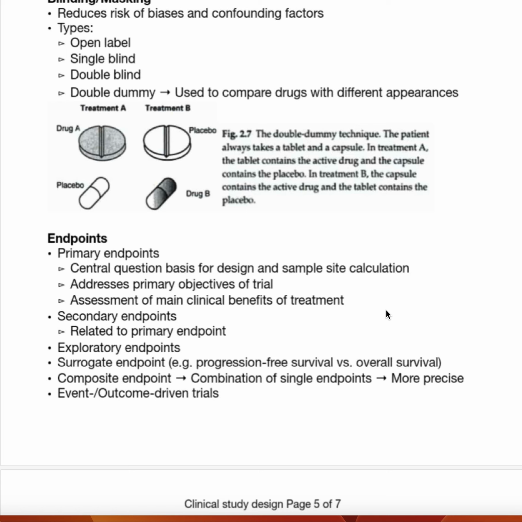The event is leading us. I'm just waiting for 100 heart attacks. If that happens after 2 years, then the trial stops. If that happens after 3 years, then the trial stops. That's exactly what event outcome driven trials are. The outcome or the event that we predicted leads the trial, especially with the time of it.